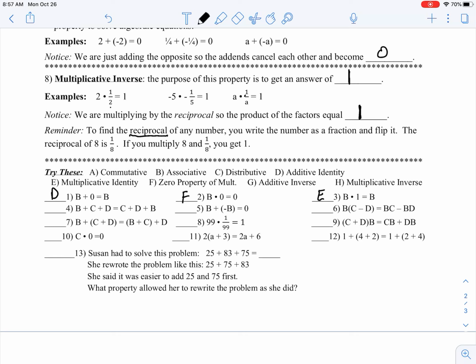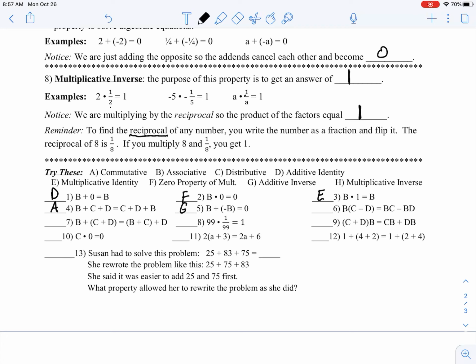We can switch anything around that we want to when we're adding, right? So this is going to be the commutative property. When we add the opposite to some number and get 0, remember that is the additive inverse.